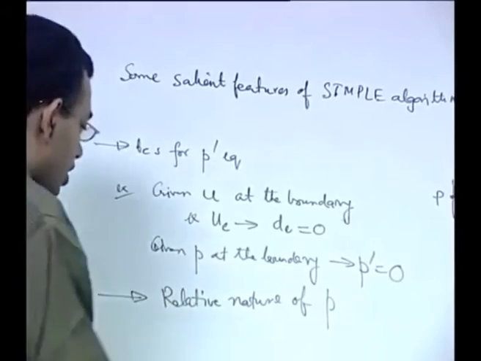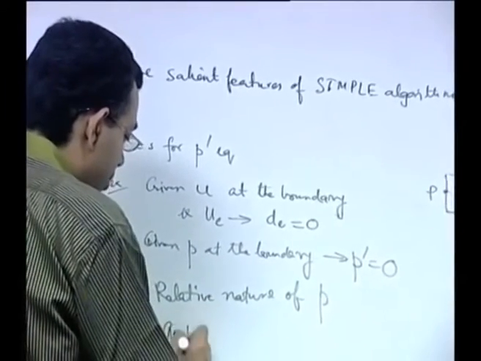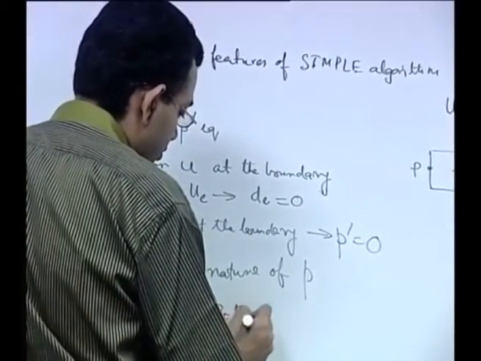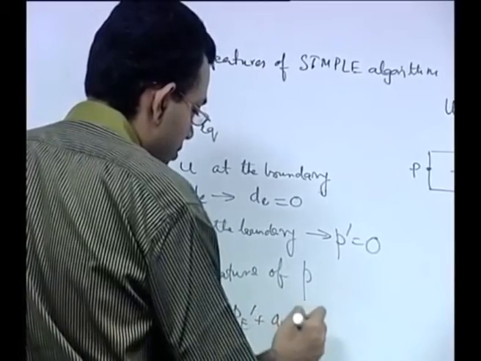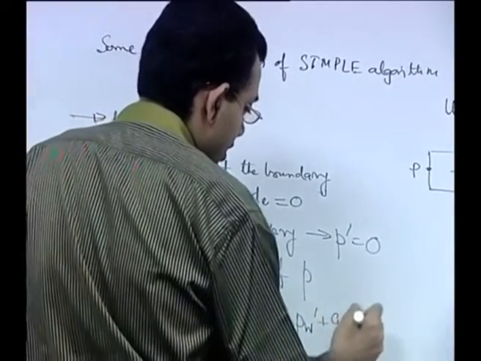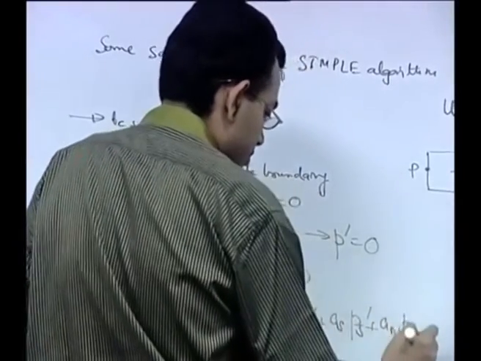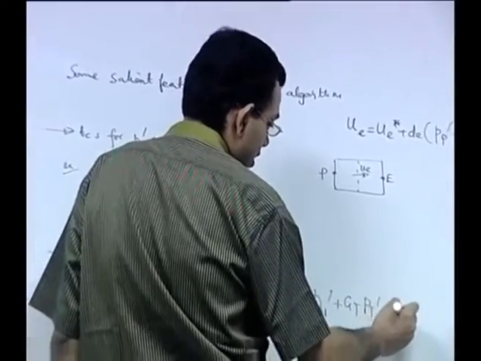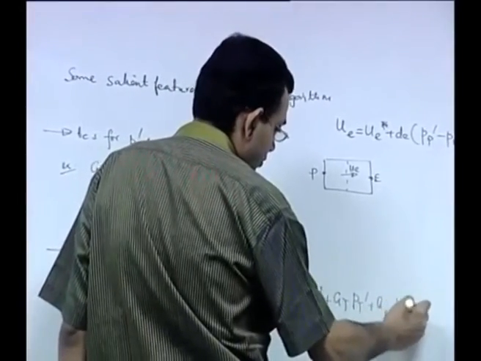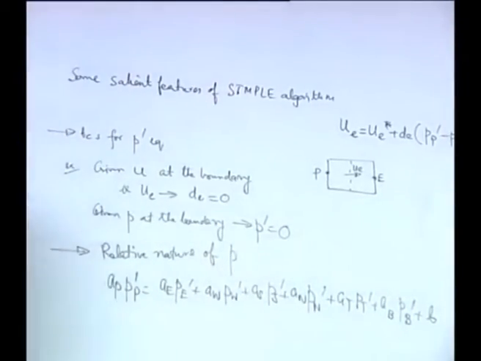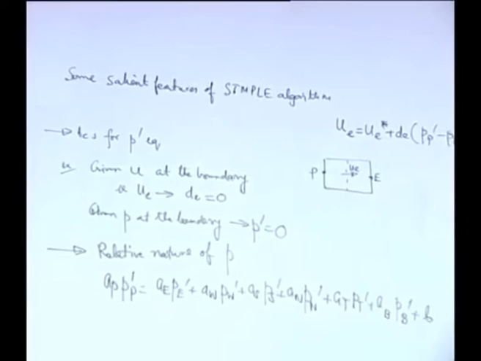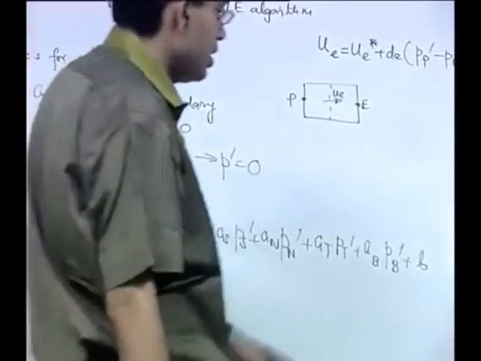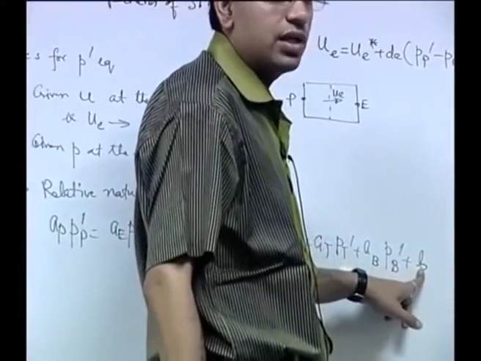So if you recall, the pressure correction equation is AP PP prime is equal to AE PE prime plus AW PW prime plus AS PS prime plus AN PN prime plus AT PT prime plus AB PB prime plus B, where B is the mass source term from the continuity equation.